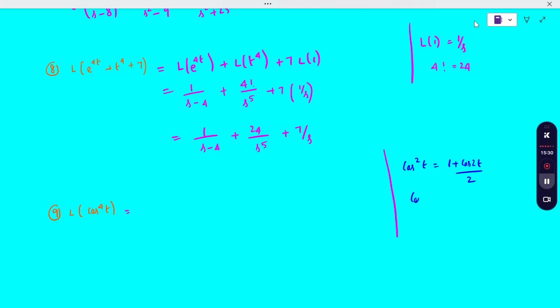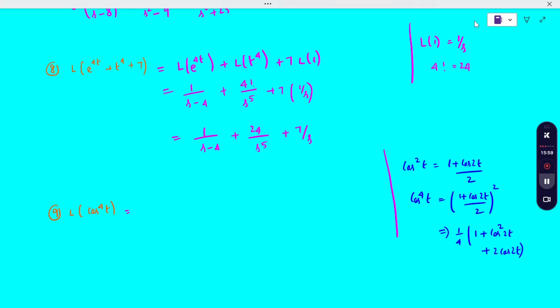So it is 1 plus cos 2t, the whole squared, divided by 2 squared. Normal simplification, a plus b the whole squared: 1 by 4 times 1 plus cos squared 2t plus 2 cos 2t.